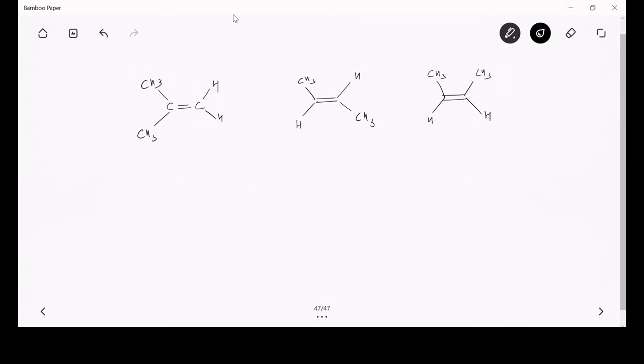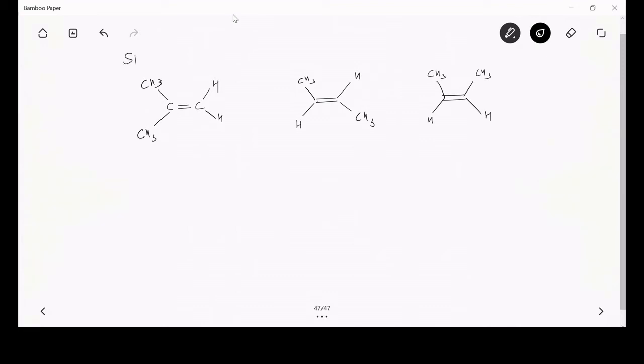For the second one also we have 2 methyl substituents. For the third one also we have 2 methyl substituents. Now if we go to the experimental result, we will find that the first alkene, which is a propene, is highly stable.